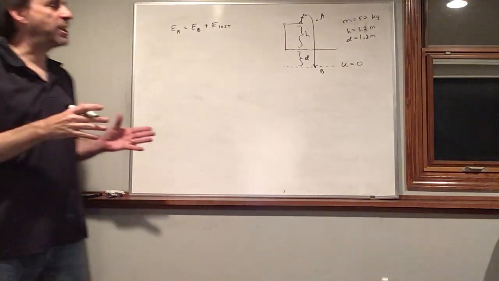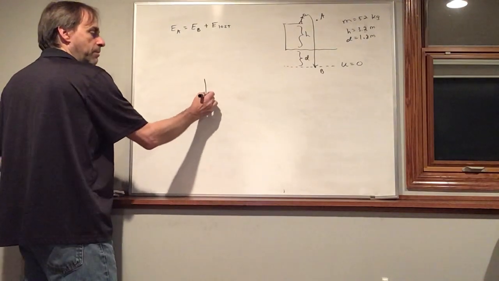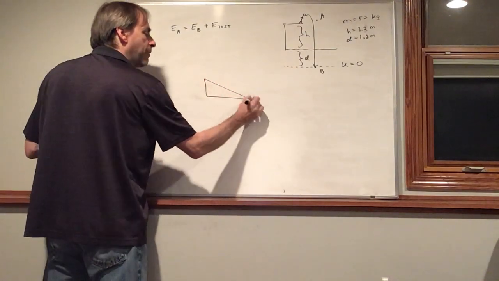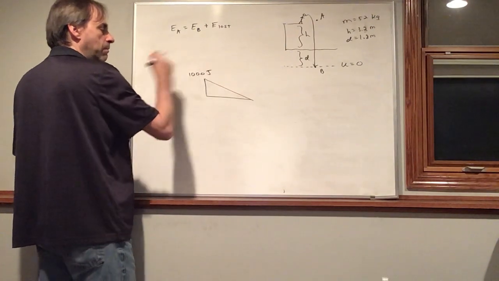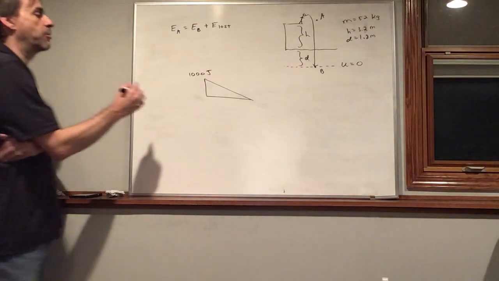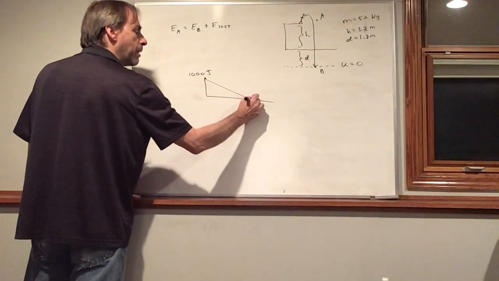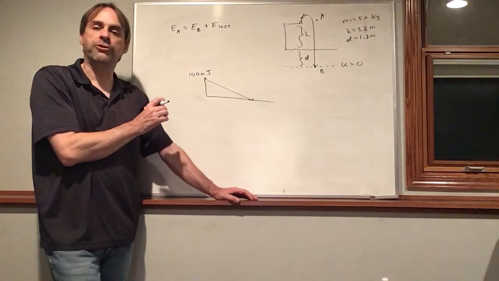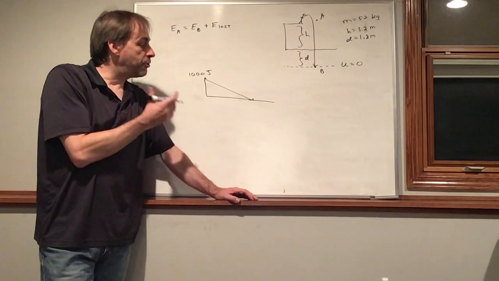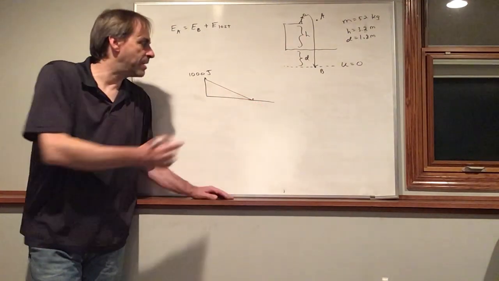So, for example, say you start with 1,000. Different example, I just want to make up some numbers. Let's say you have 1,000 joules of energy at the start. We're going to place an object on a ramp and let it slide down to the bottom. It starts out with 1,000 joules of energy, and let's say when it reaches the bottom, it only has 700 joules.